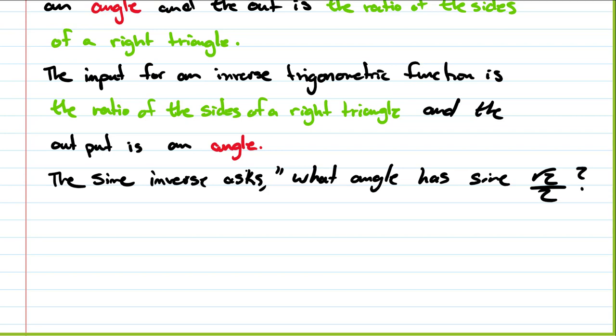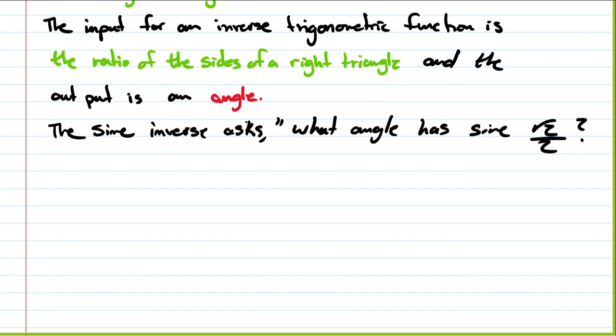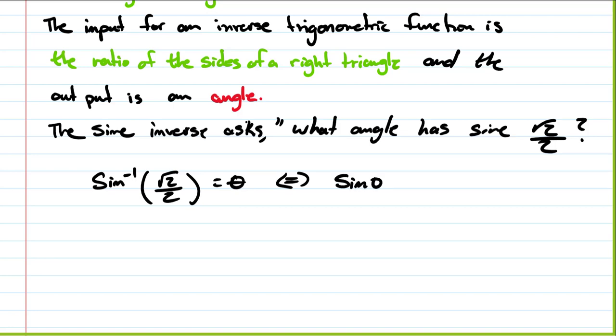That's really the question we're trying to answer. In other words, sine inverse of the square root of 2 over 2 being an angle theta is equivalent to the idea that sine theta is equal to the square root of 2 over 2.